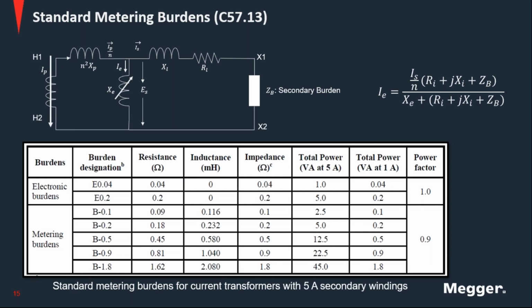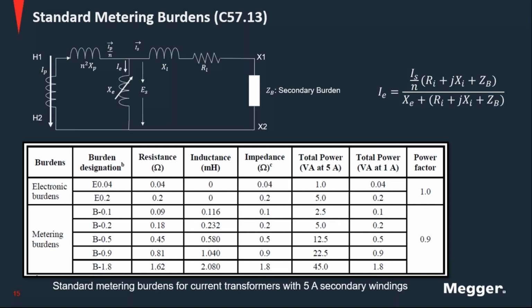Once you get all the values from the CT, all of these parameters, resistance, excitation characteristic, turns ratio, you need to assess and simulate how this CT will behave with this load. Basically two things can defeat the performance of the CT: you are exceeding the load, or something is happening inside the CT that is affecting the output, and then it cannot supply the load even though it is within the limits.